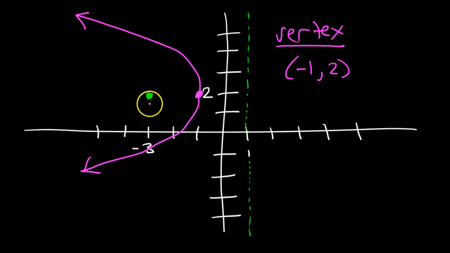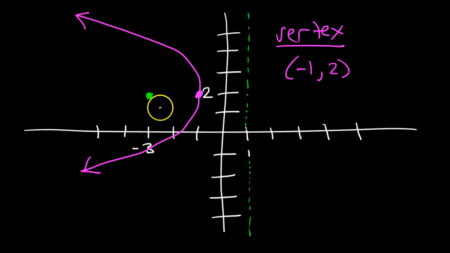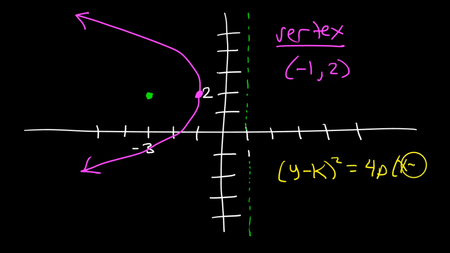Now, because the parabola is sideways, when it's horizontal, this is the version of a parabola where the y-coordinates are squared. So we're using this model, y minus k squared is equal to 4p times x minus h. This is the version, the model that we use for a horizontal parabola.